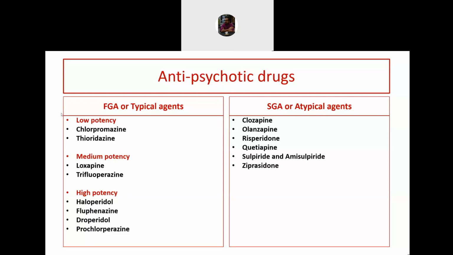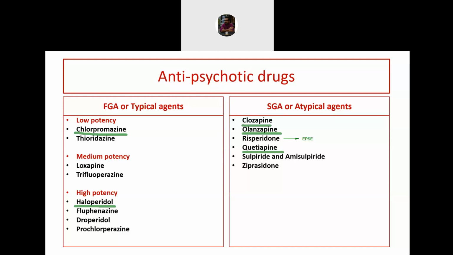Out of this, individual drugs may have some special properties. A very commonly used drug in clinical practice is haloperidol and chlorpromazine. Of the second generation agents, olanzapine is a very commonly used drug. Risperidone has a very prominent extrapyramidal side effect, whereas quetiapine has very little extrapyramidal side effect.